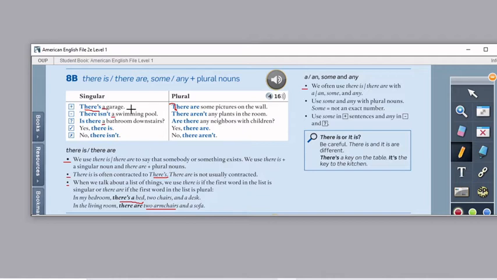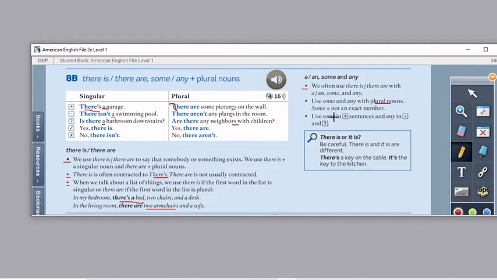There's a garage, there isn't a swimming pool, is there a bathroom downstairs? In singular. Use some and any with plural nouns. Plural nouns. Some pictures, any plants, any neighbors.